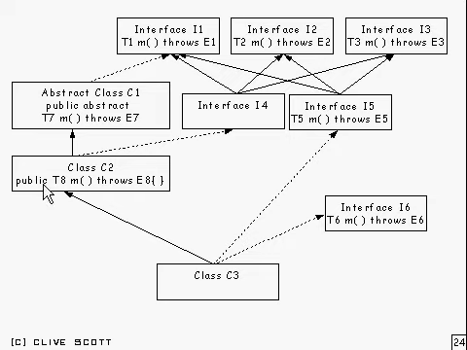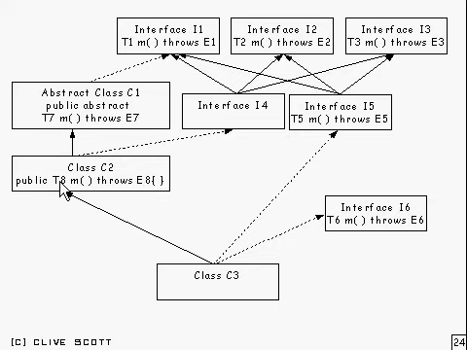Alright, now what about here? Here we've got a concrete implementation. And the check is really just the same. It checks that T8 is a subtype of T7 and that E8 is compatible with E7.